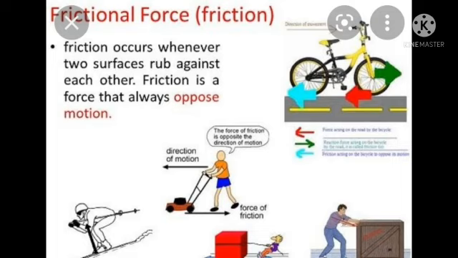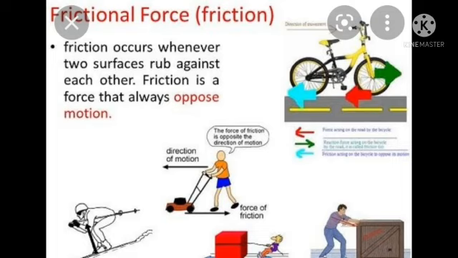Because there is no friction between the road and the person walking. So friction is very much needed for any kind of work or to apply any force. All objects in motion have frictional force acting on them, and it acts in the direction opposite to the direction of motion.